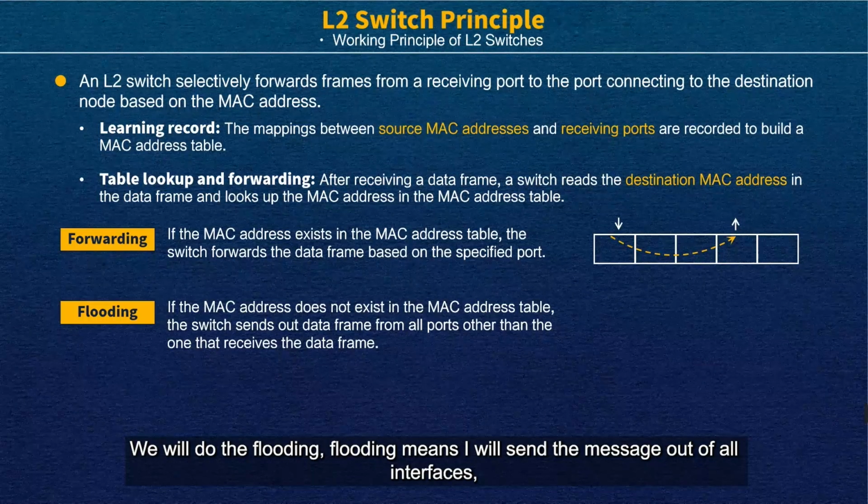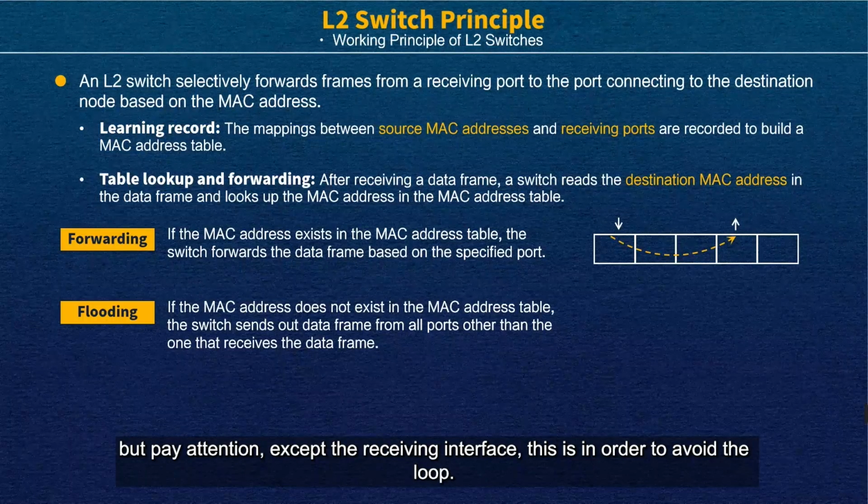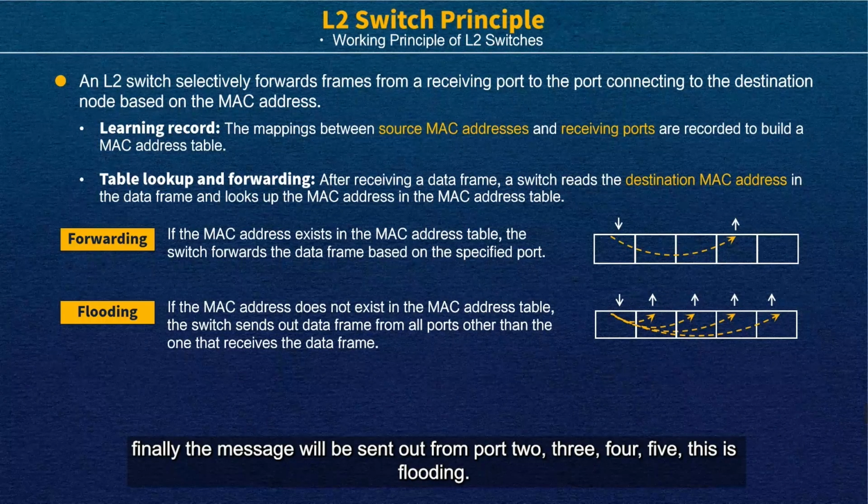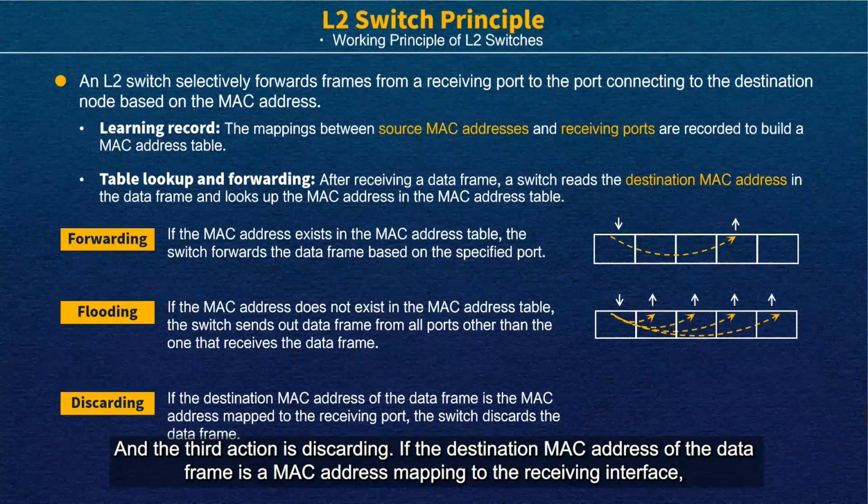Flooding means I send the message out of all interfaces, but pay attention, except the receiving interface, in order to avoid a loop. So, likewise, if we receive the message and cannot match an entry, finally the message will be sent out from ports 2, 3, 4, 5. This is flooding.